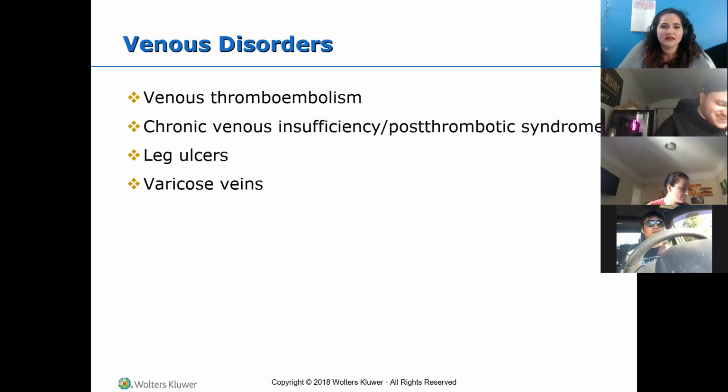Alrighty. So venous disorders: we have venous thromboembolism, chronic venous insufficiency or post-thrombotic syndrome, leg ulcers, and varicose veins.